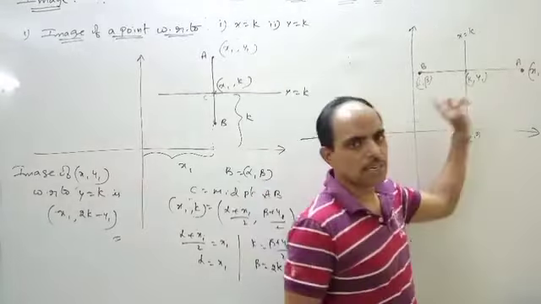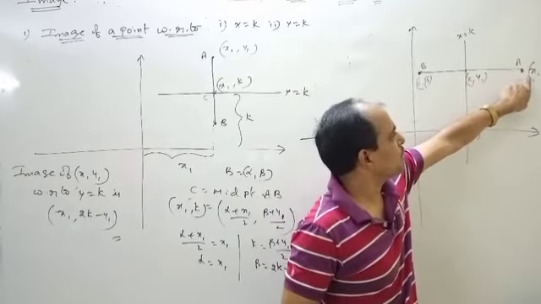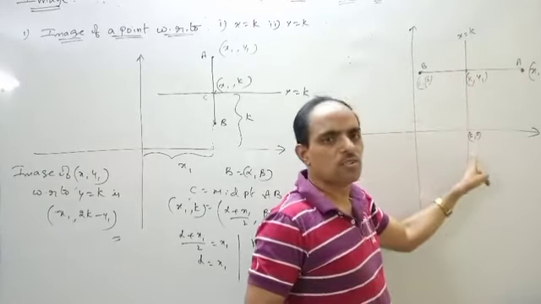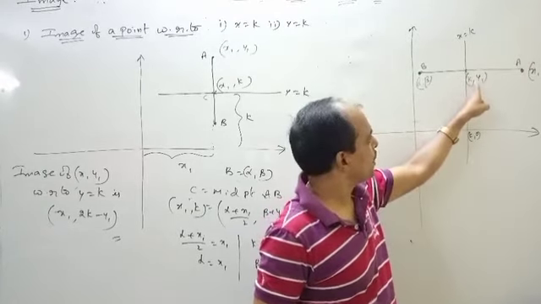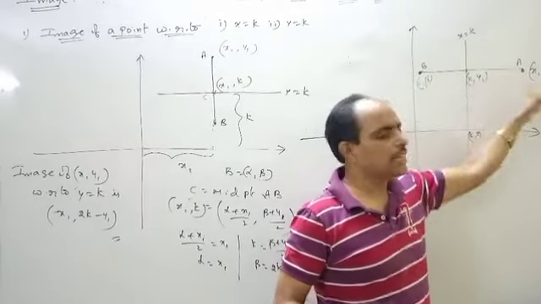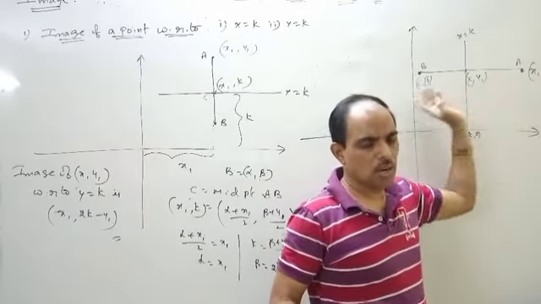Did you understand the concept? Be careful. We have to find the image of this point with respect to this line. Anywhere on this line the x coordinate will be the same, k. Now the point is k, y. This line is a vertical line. This one is a horizontal line.